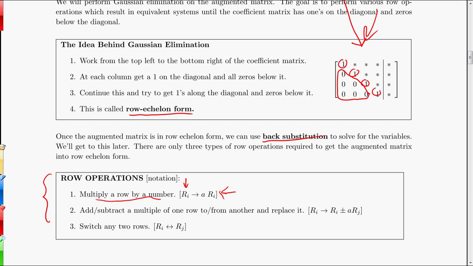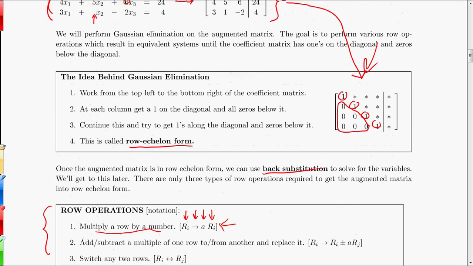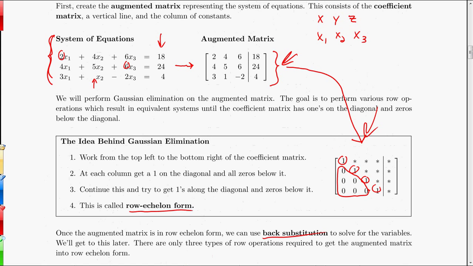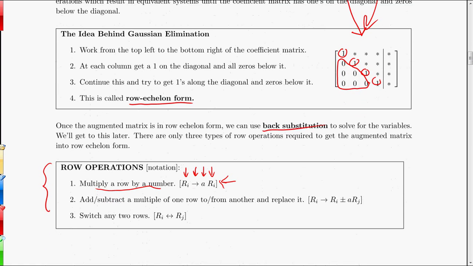Row I will become some number A times row I. And really all we're doing is taking one of these equations and multiplying it by a number. And whenever you multiply an equation by a number, you have to remember to multiply both sides. Right? So when we multiply one of these rows, we're actually just multiplying both sides of one of the equations.